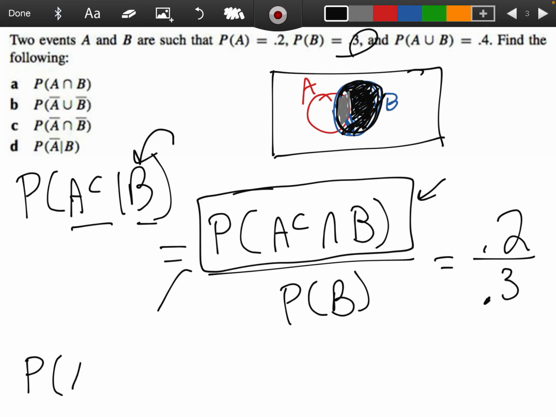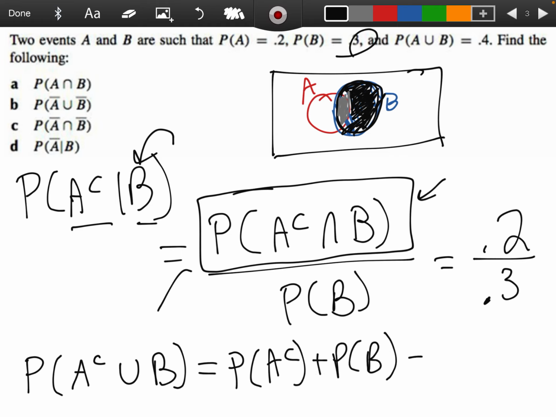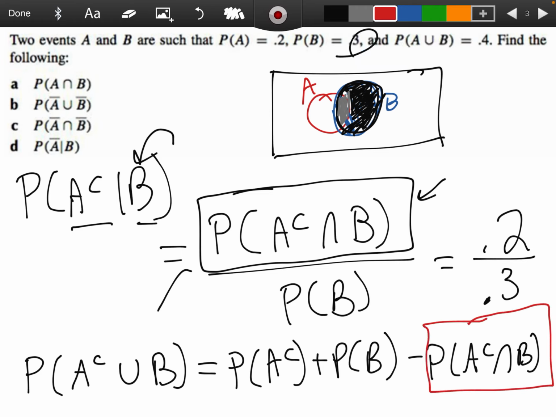For a union, the probability of A complement union B would equal the probability of A complement plus the probability of B minus the probability of A complement intersect B. And so if what we want is this, and we know this, and we can also get the probability of A complement union B rather easily, we can solve for this.